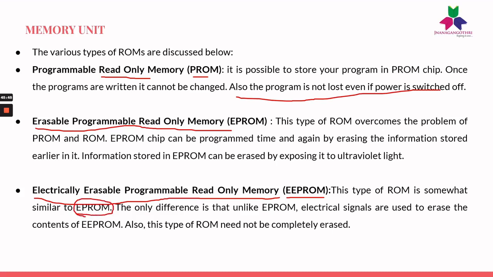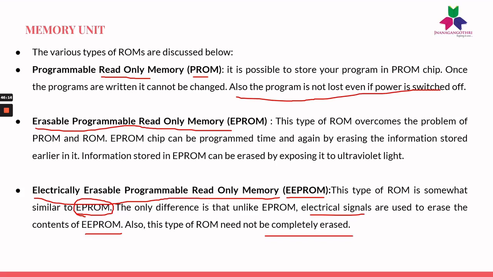The only difference is that there we use ultraviolet light to erase the data and reprogram it. Here electrical signals are used to erase the contents of EEPROM, and this type of ROM need not be completely erased. So partial modification of ROM is possible.